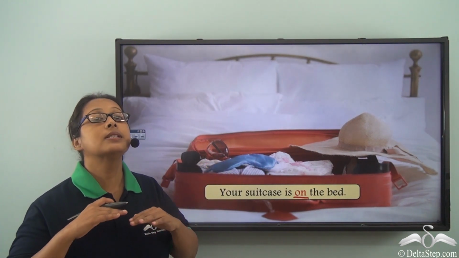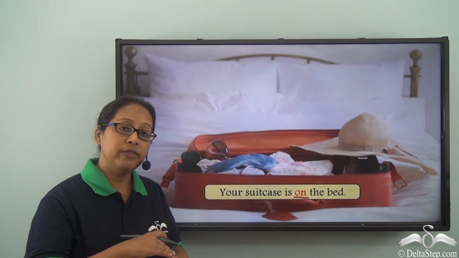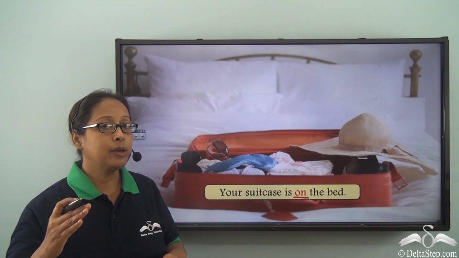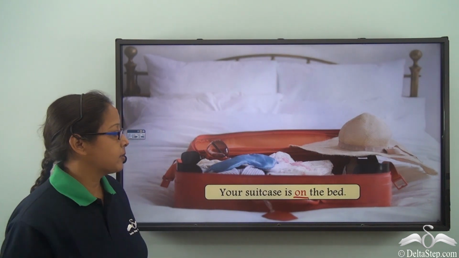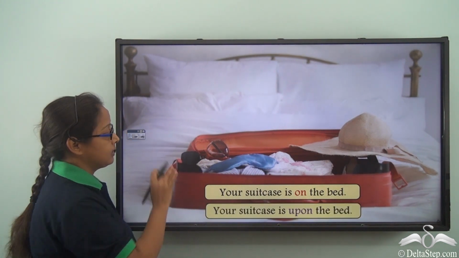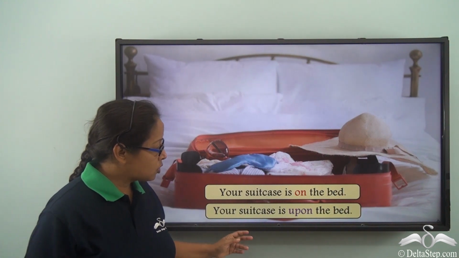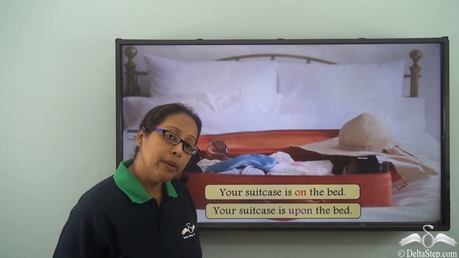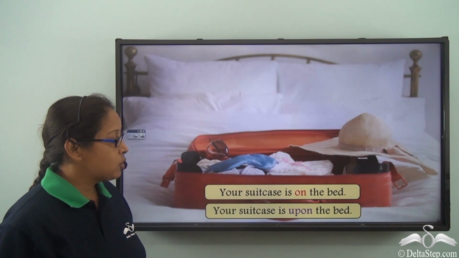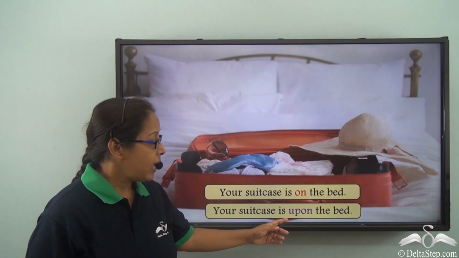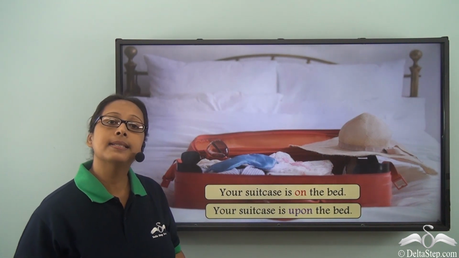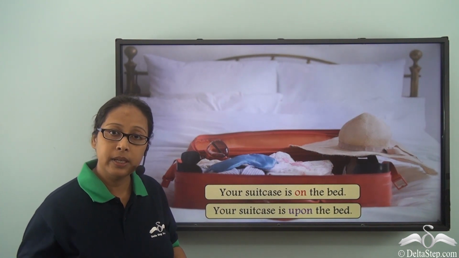It is on the surface of the bed. When we talk about on, we are talking about something being on top or on the surface. Now let's see another sentence. Your suitcase is upon the bed. Upon is another preposition, and upon tells us that something is on top of something.